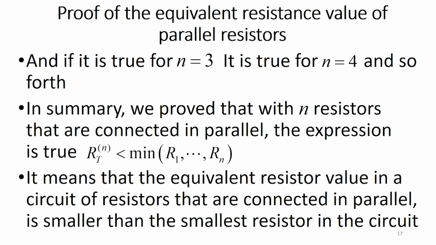In summary, we proved that with n resistors connected in parallel, the expression RT(n) is less than the minimum between R1 to Rn is true. It means that the equivalent resistance value in a circuit of resistors that are connected in parallel is smaller than the smallest resistor in the circuit.